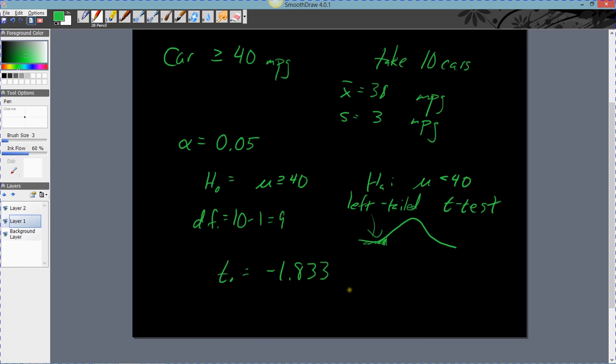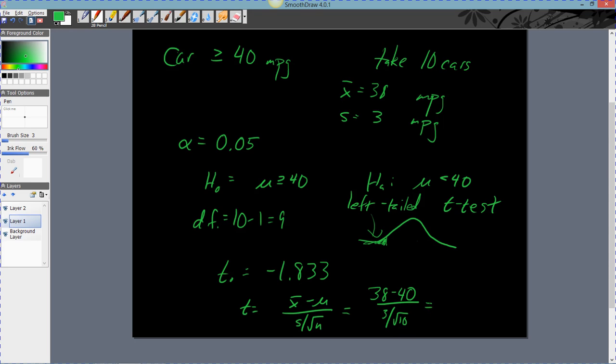And now all you do is figure out your test statistic and decide, is it over here in this rejection region or is it not? Well, our test statistic for the mean is x-bar minus mu over s over root n. So this is 38 minus 40 over 3 over root 10.